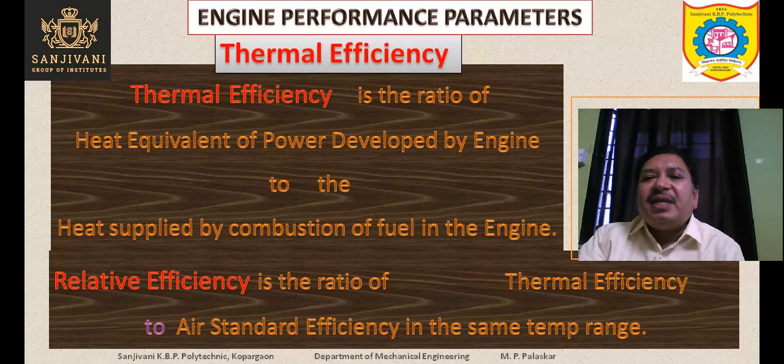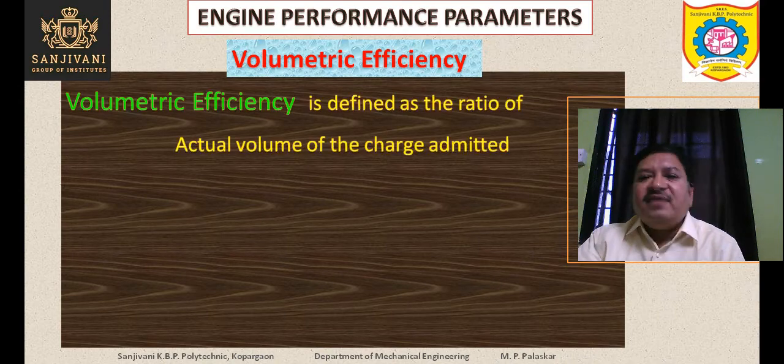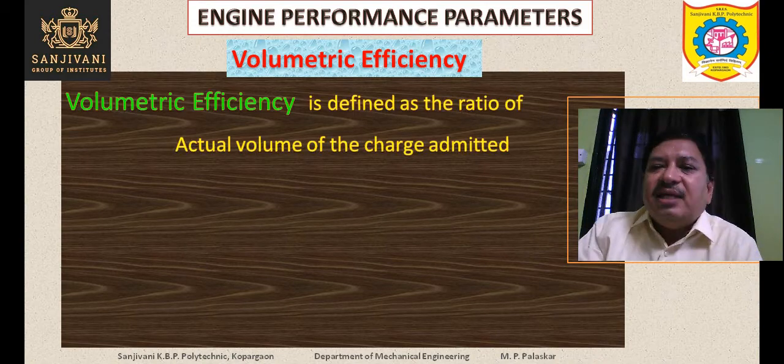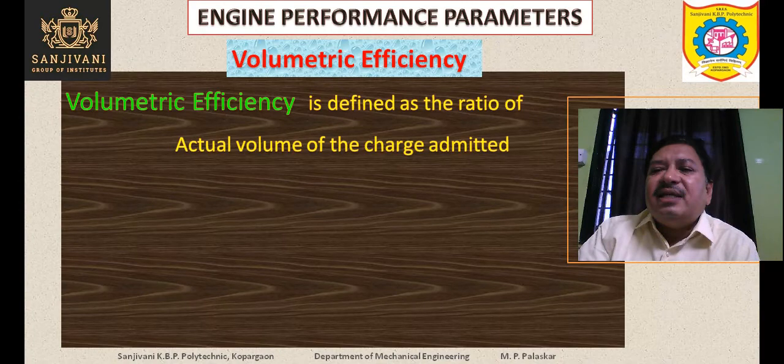Now let us define the volumetric efficiency of the engine. Volumetric efficiency is defined as the ratio of the actual volume of the charge admitted. What is the actual volume of the charge admitted? The engine has some stroke volume, but the charge which is admitted inside the engine cylinder may not be equal to the stroke volume.